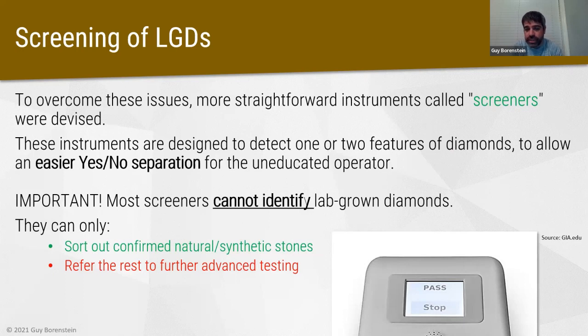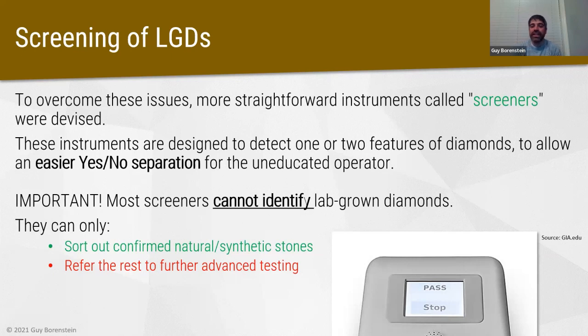Diamond screeners are actually a simplified version of the spectrometers that we saw in the previous slide, programmed to do one test, to look for only one or sometimes two features of diamonds and give us a yes-no answer whether this feature is there or not.